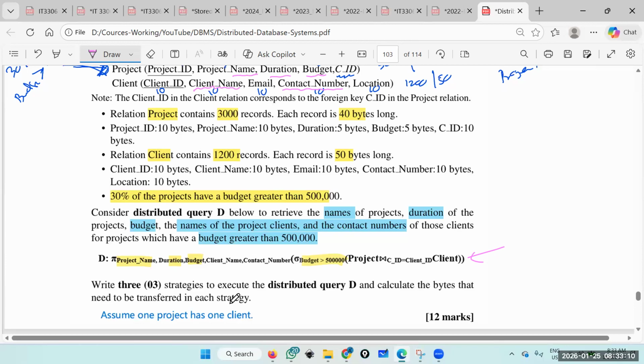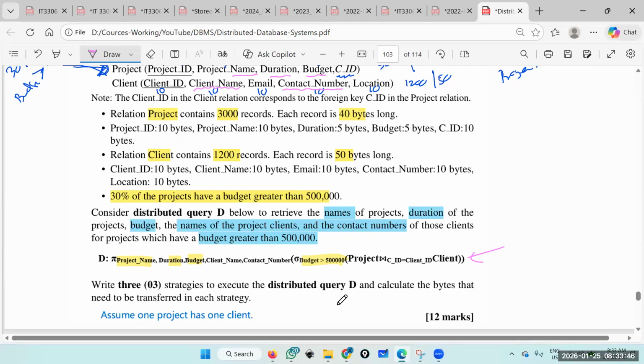for each strategy. If you go by this approach, you take project details. So there are three approaches, right? Take project to the client, do the sigma and projection and take the result to the result site, or take client to the project, do the processing and take the results, or take project and client to the result site and do this.